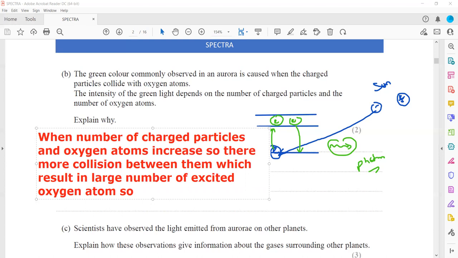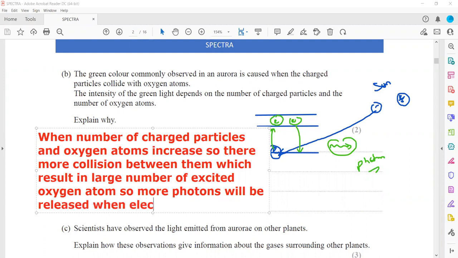So when the electrons return back, more photons will be released when the electrons jump back to the original level.